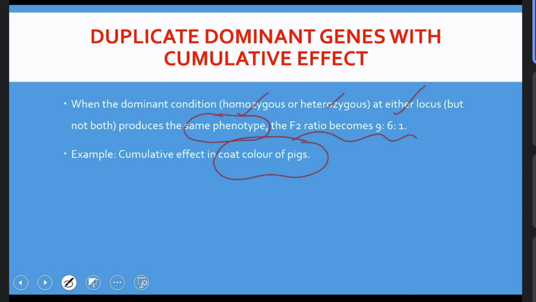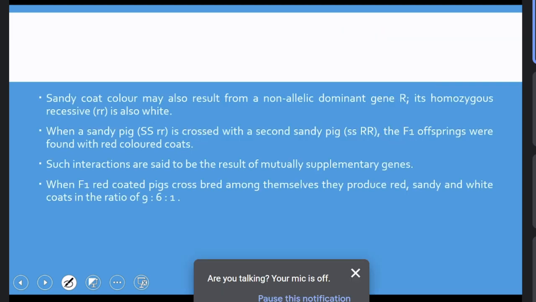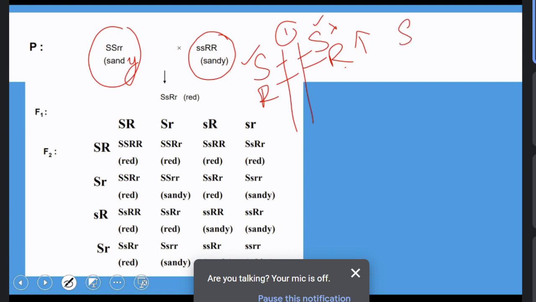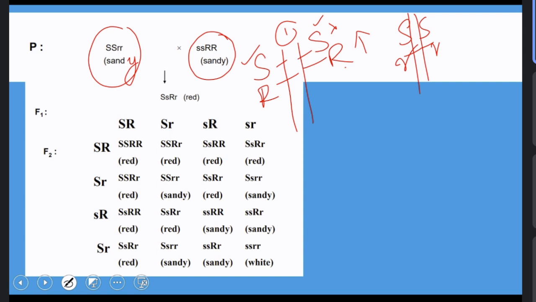So here, the dominant condition, either homozygous or heterozygous, is at either locus, but not both. That means capital S on one locus, small r on the other locus, homozygous. So both the loci should not occupy dominant genes.